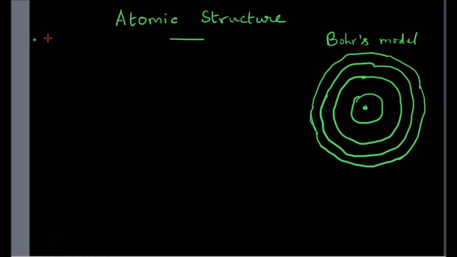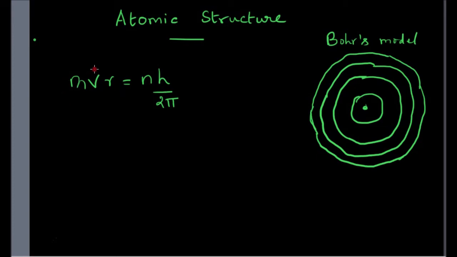Now Bohr said the criterion for an orbit to be a permitted one is that the angular momentum of the electron, given by mvr, should be an integral multiple of h by 2 pi. m is the mass of the electron, v is the velocity of the electron, and r is the radius of the orbit.